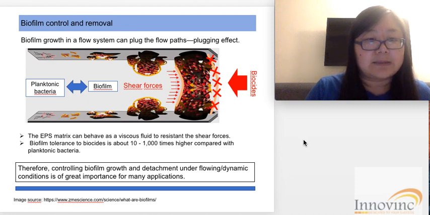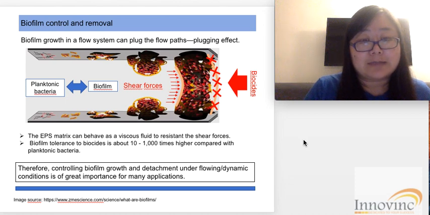The biofilm matrix can behave as a viscous fluid to resist the shear forces, preventing the cells in the biofilm from detaching from the solid surface.